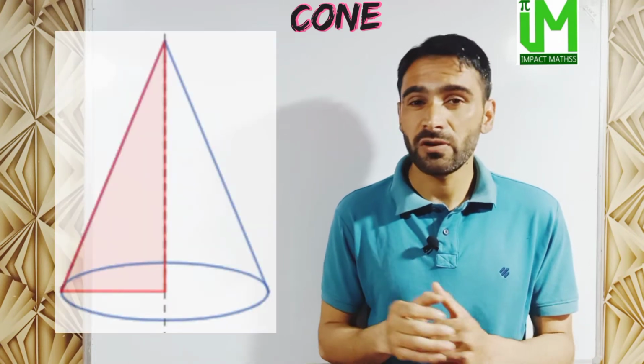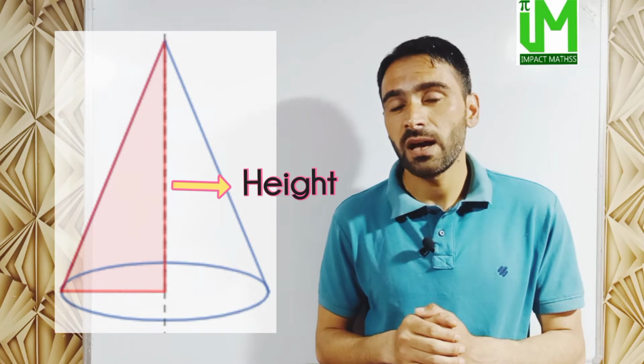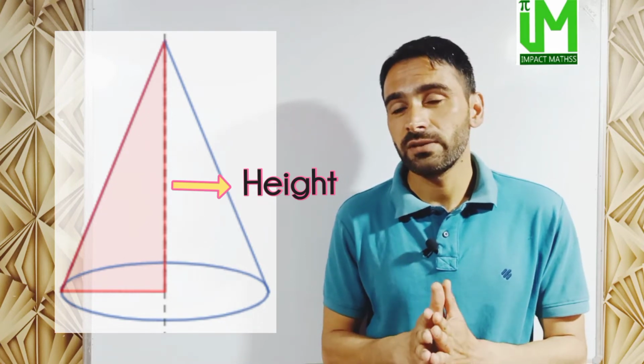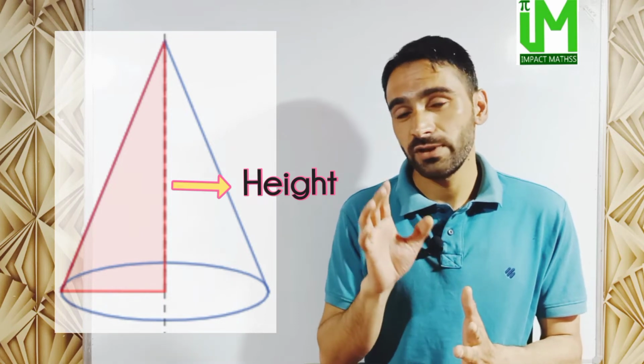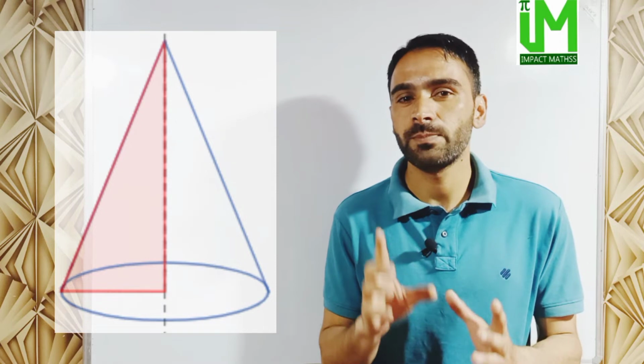Now if we join the vertex with the center of the circular base, then that length happens to be the height of the cone. And again we know from a right angle triangle we have three sides. We have perpendicular, we have a base, and we have a hypotenuse.